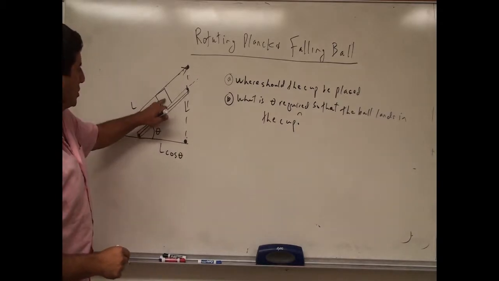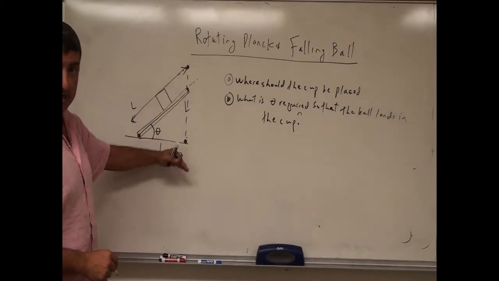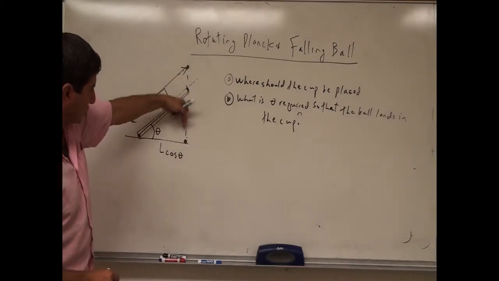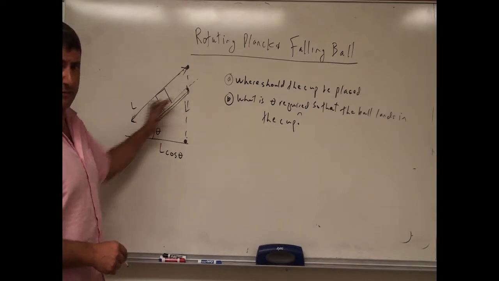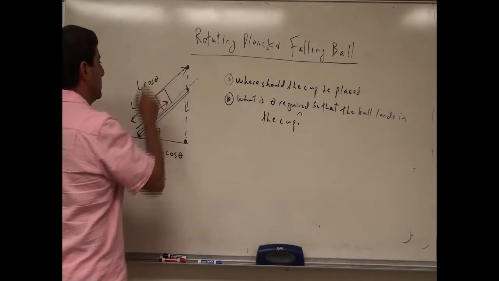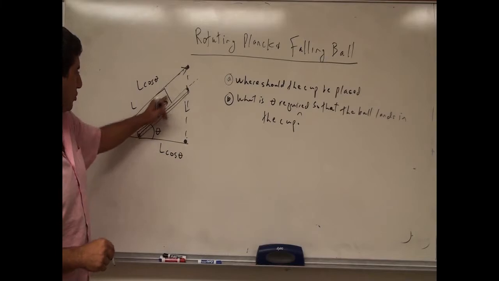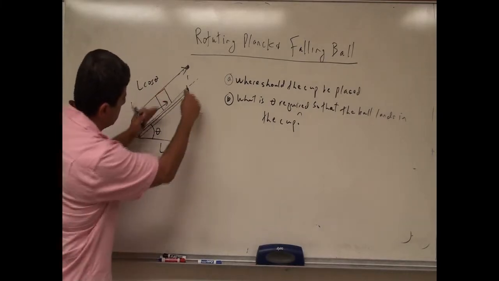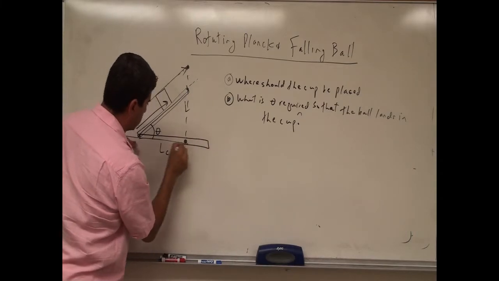So the location of the cup should also be at the same location where the ball is going to go, because the ball is traversing a straight line path. So the cup should be placed on the platform a distance of L cosine theta from the left pivot point. The platform will end up like this.